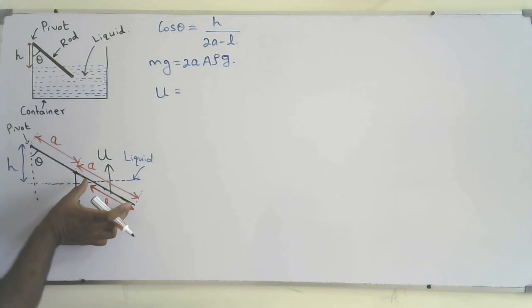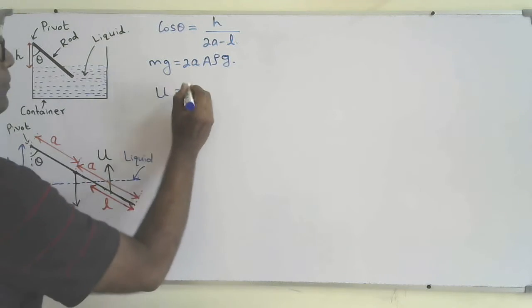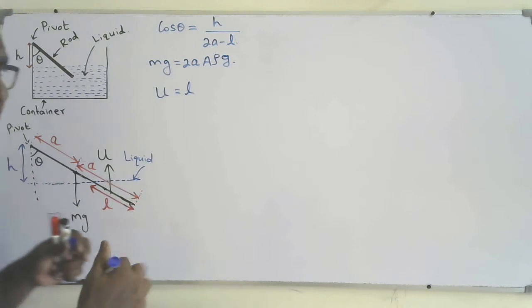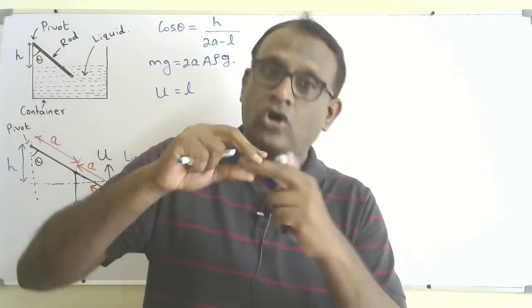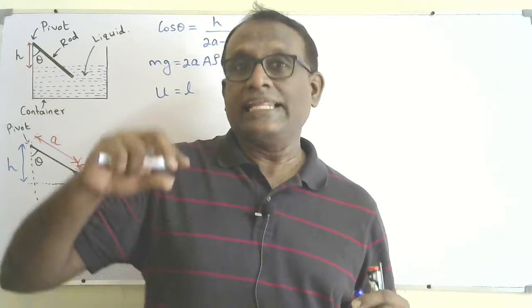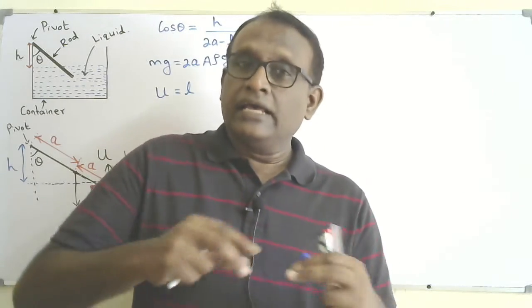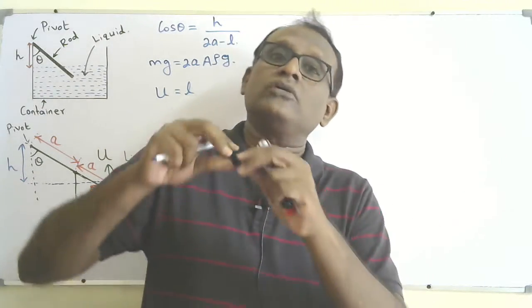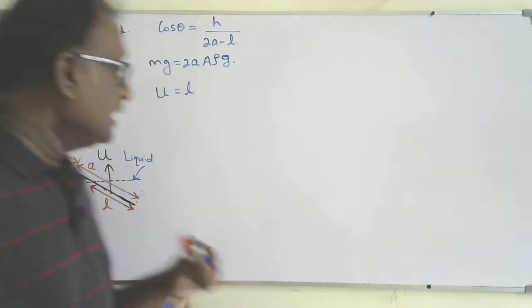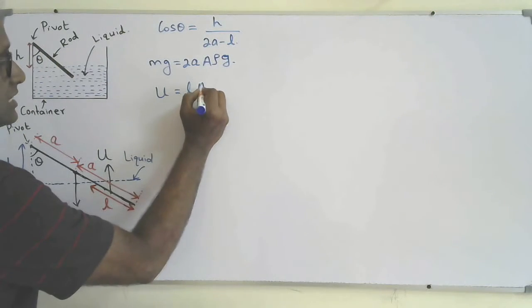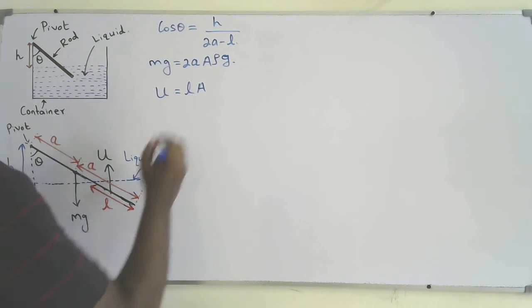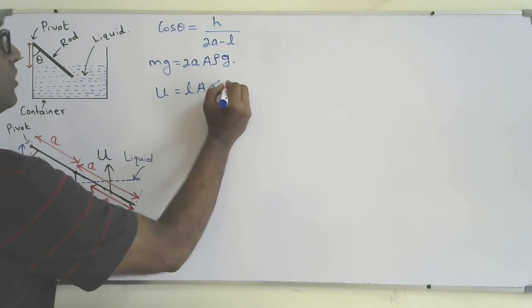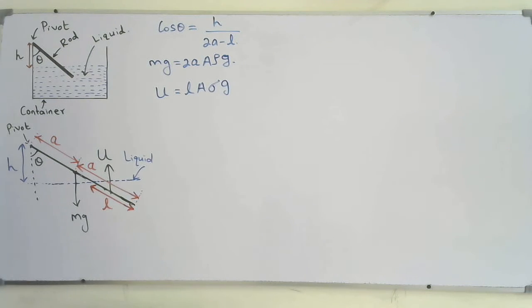The length of the liquid displaced is L. The shape of the liquid displaced is also a rod of cross-sectional area A. So L times A is the volume of the liquid displaced, times its density rho, times g. So that is the weight of the displaced liquid.